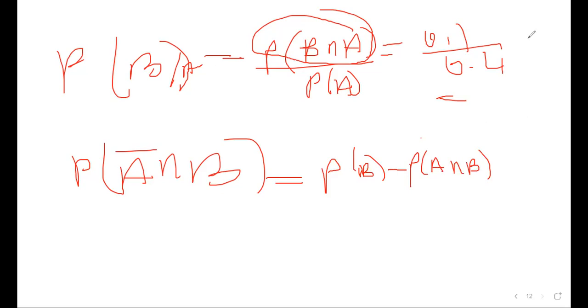Getting down to this one here, we have 0.1 divided by 0.4, which is 0.25 for the probability of B given A.